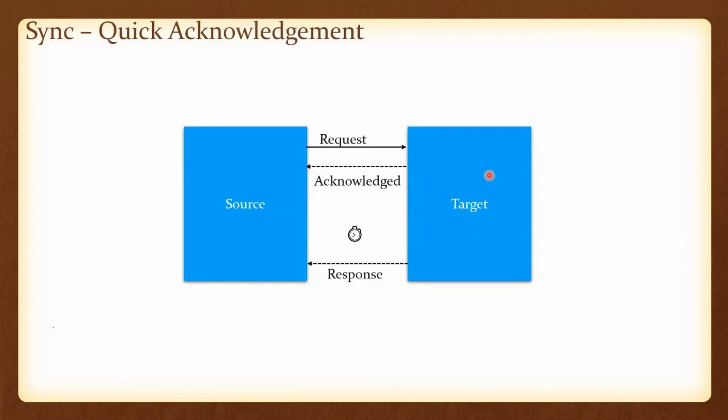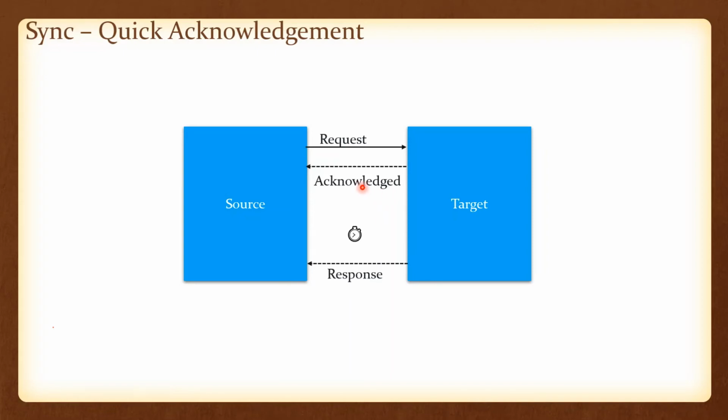So the target system receives the request and instantly acknowledges it, and maybe returns some unique identifier with which you can track down the request later on. The source system is now certain that the request has been received and will be processed, or at least it will understand the status of the request. After a period of delta t, that is the time difference between the acknowledgement and when the response is ready at the target, it can get back the response.